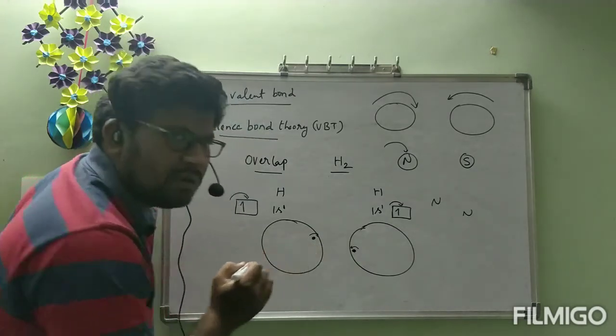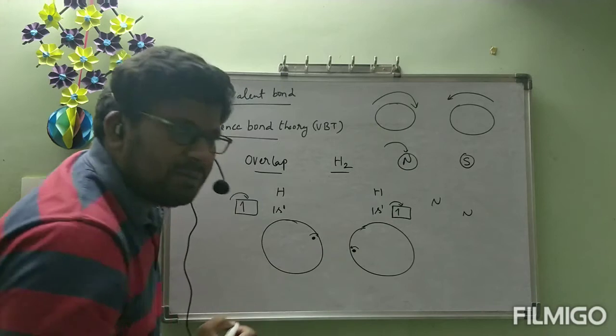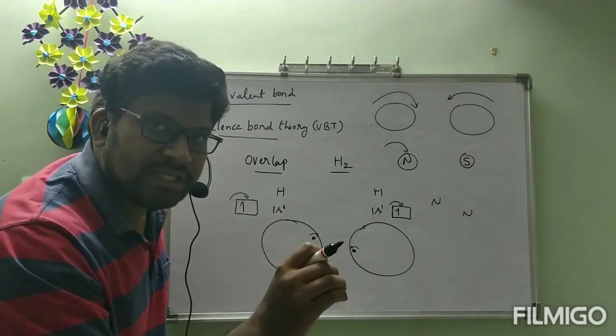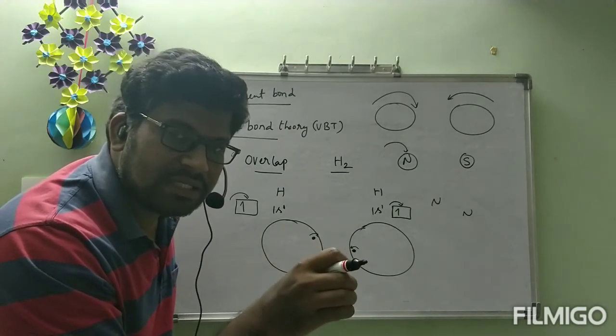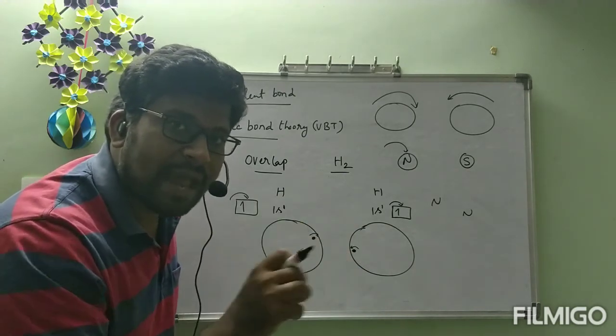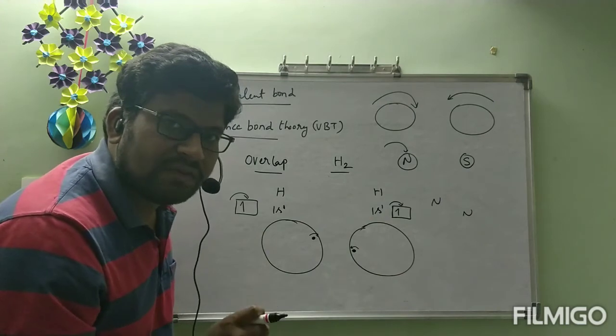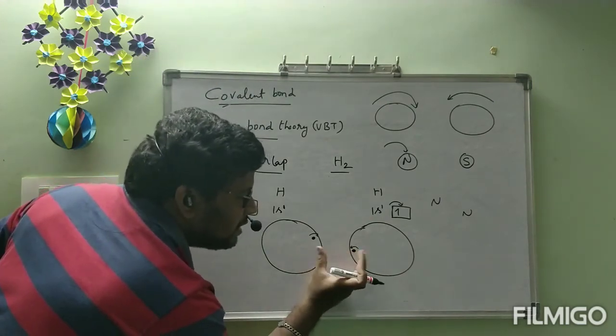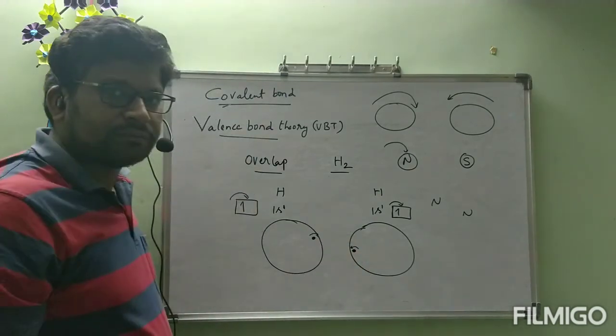Then one will be developed by North Pole, another by South Pole. Because of that, even though they have the same charges, because of that opposite magnetic field, these two orbitals will come and combine with each other.